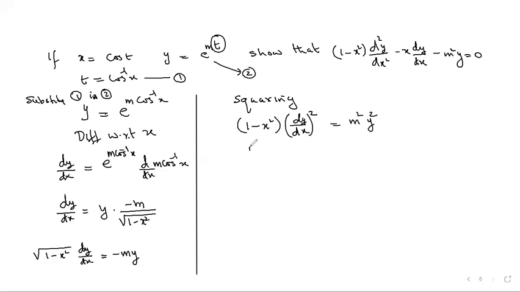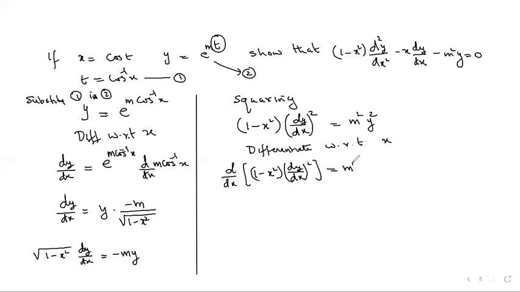Now differentiate this again. We'll have to apply the product rule. Okay, I'll write one step like this. If you apply the product rule: 1 minus x square into derivative of dy by dx whole square, plus dy by dx whole square into derivative of 1 minus x square, which is 2 dy by dx into derivative of dy by dx.